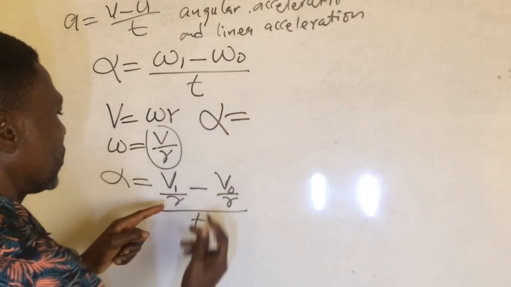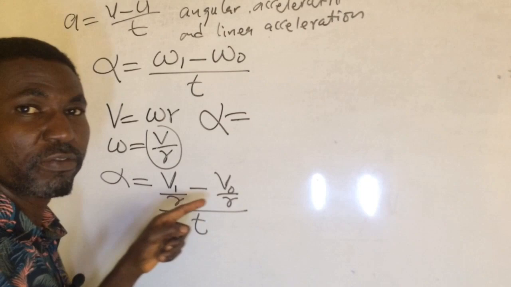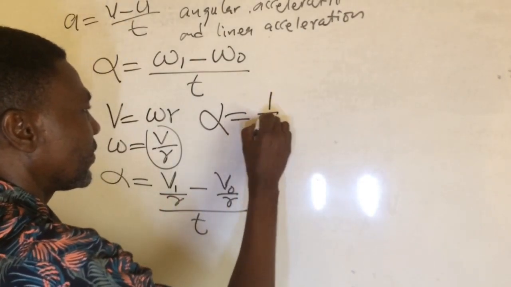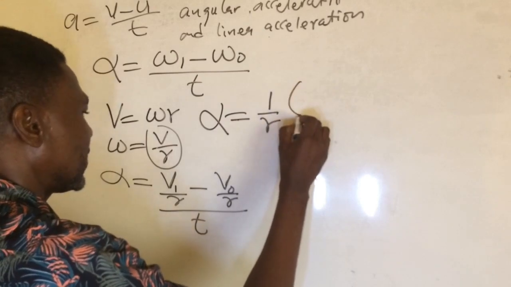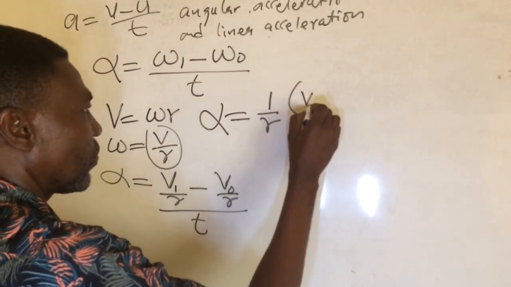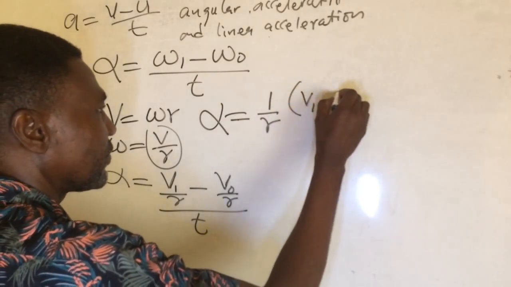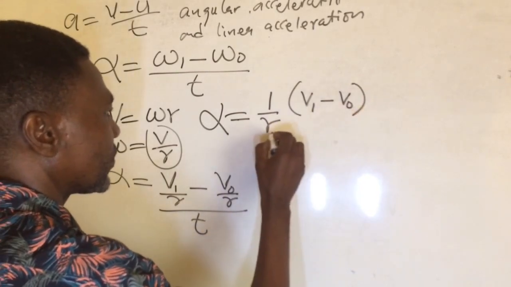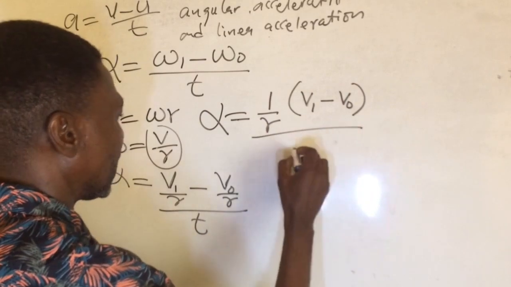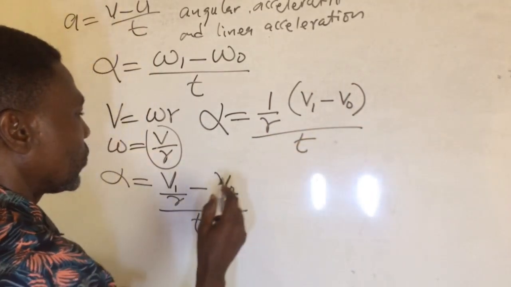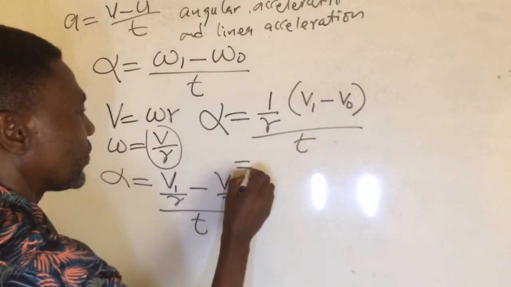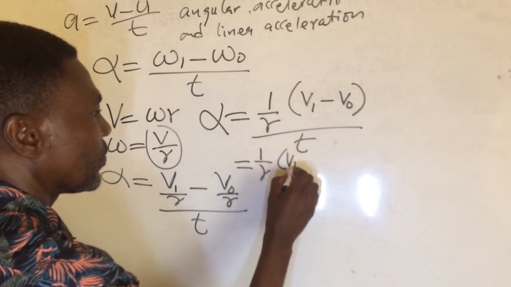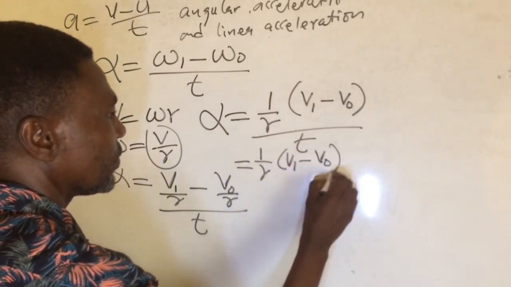We now have alpha equals, factorizing the radius of the circle, r in bracket (v1 minus v0) close, all over t, which is equal to this one.